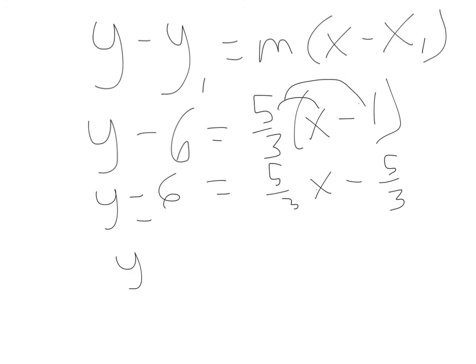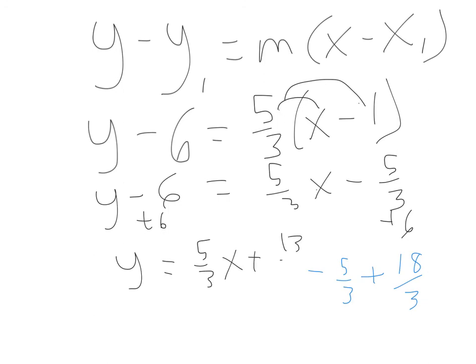So now if we add 6 to both sides, we would have 5/3 x, then negative 5/3 plus 6. If we're adding 6, that's the same as having 18 over 3. So negative 5 plus 18 would be positive 13 over 3. That's the equation in slope-intercept form.